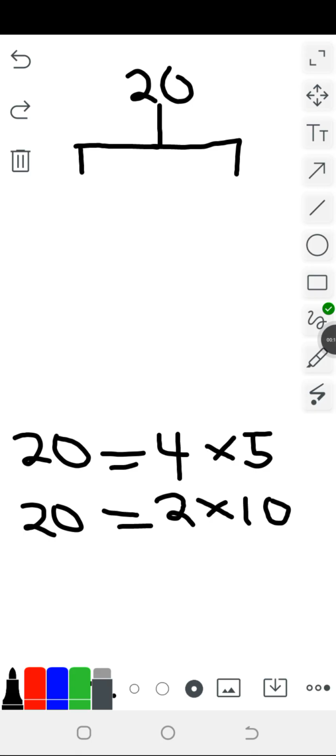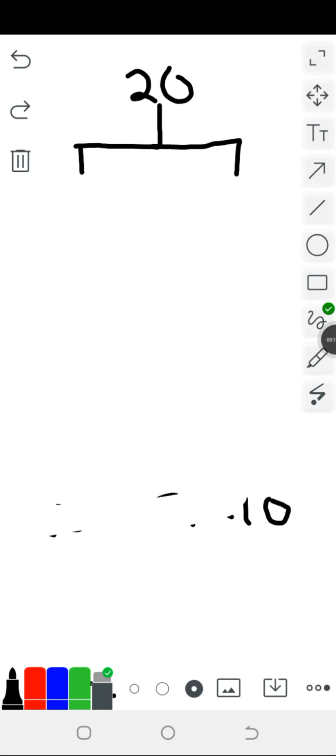So these are the only numbers which, when multiplied together, can give me 20. So I can decide to go with any one I so desire. Let's go with the first one, which is 4 times 5, to form the branch of the number 20 using the tree method. So I'll go 4 times 5.